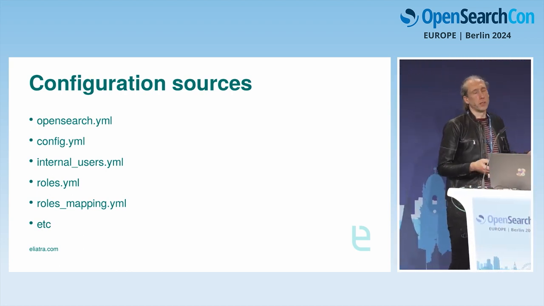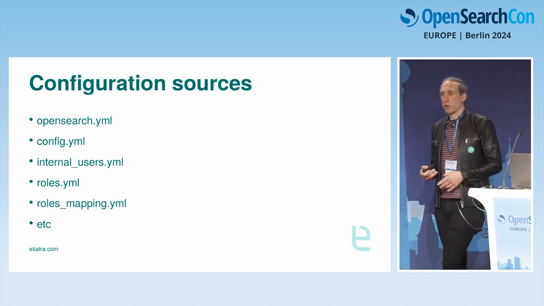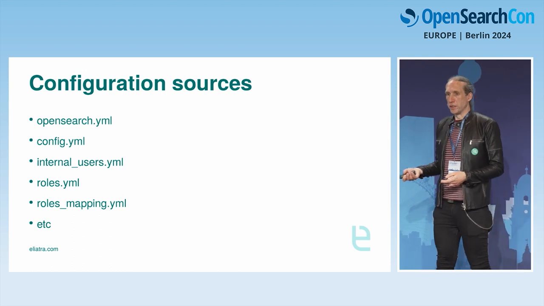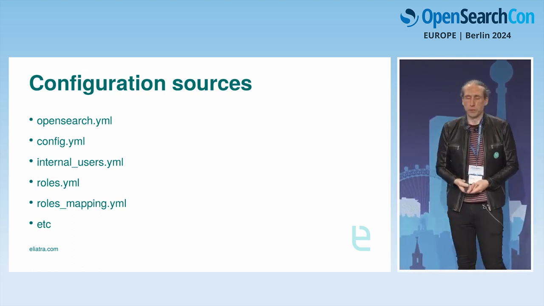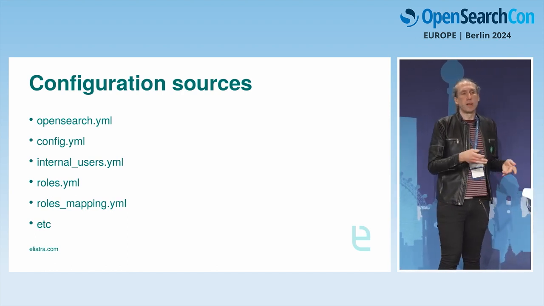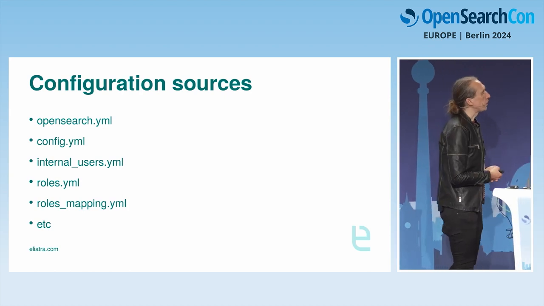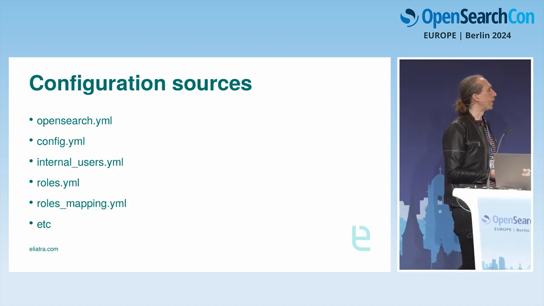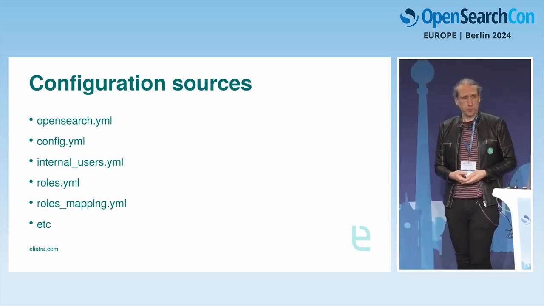What's special, or kind of the standard property of OpenSearch YAML, is that when you change its configuration, you need to restart the node to make the configuration changes effective. However, that is sometimes also a hassle, and that's why we have further configuration files which can be changed at runtime.